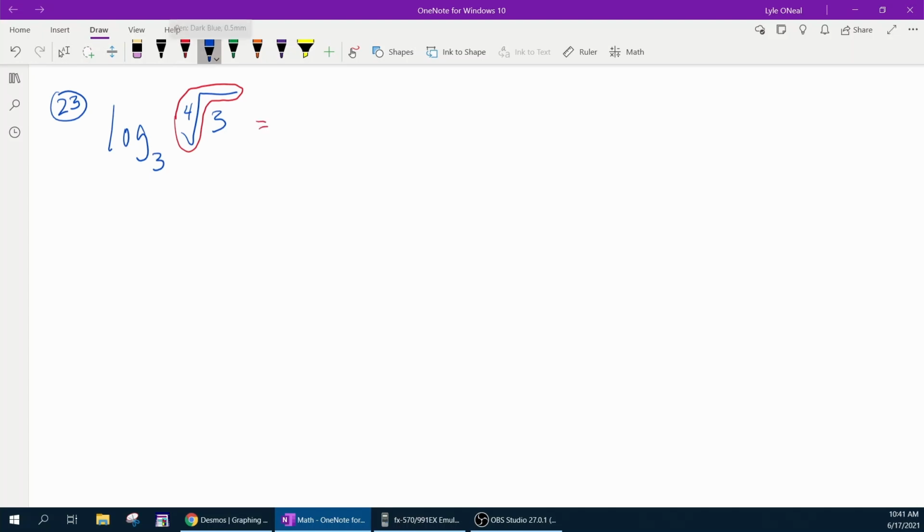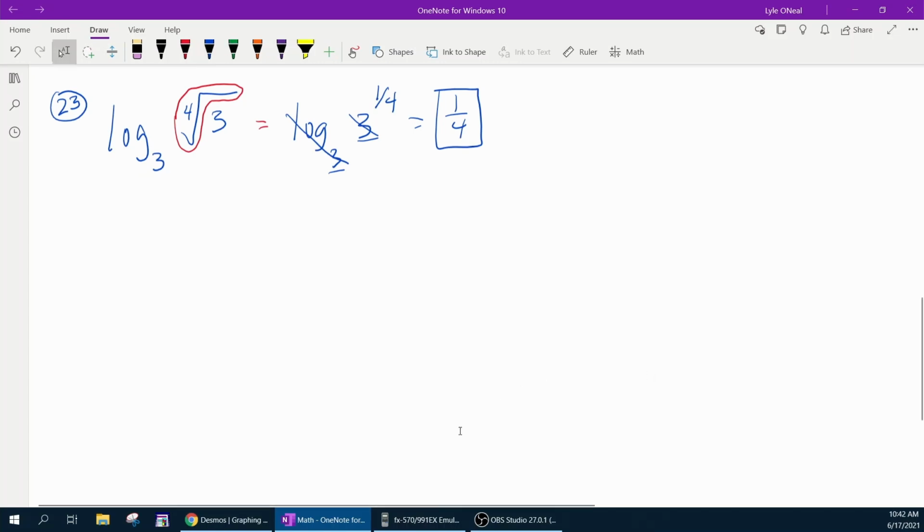So what we're going to do is convert this to log base 3 of 3 to the 1/4 power. And now we see that the bases are the same, so they cancel, and the exponent is the answer. Again, this is super easy if you understand that radical symbols can become rational powers.